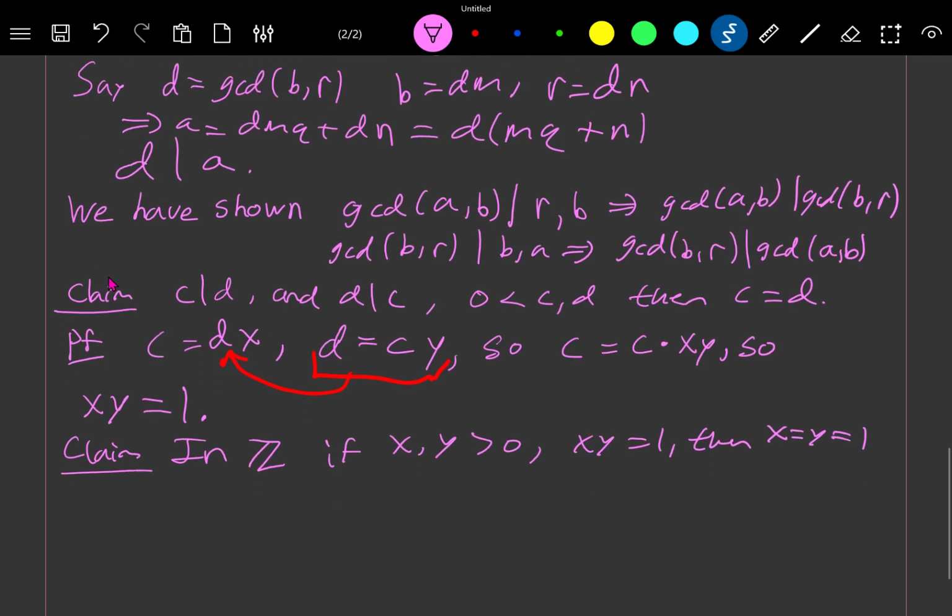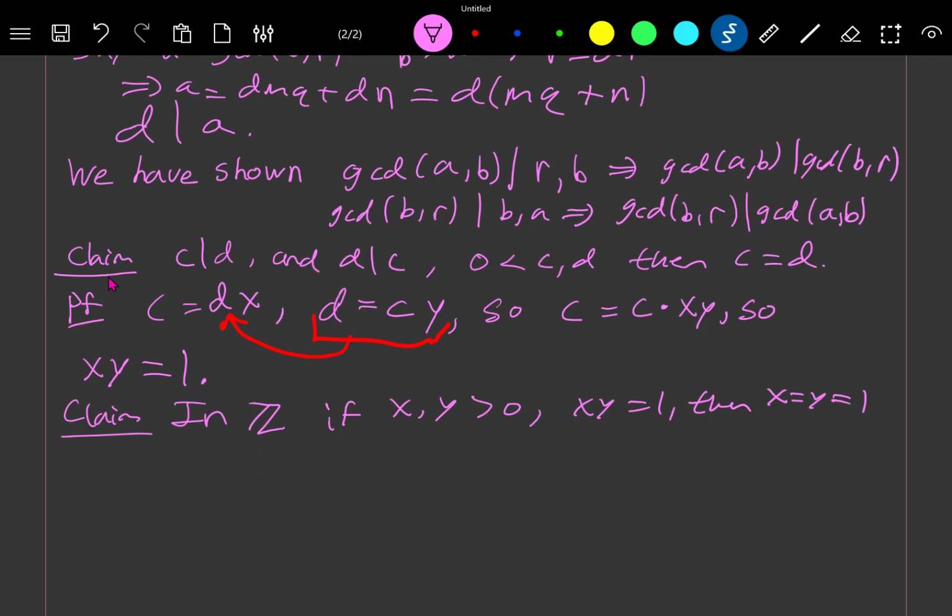Well, the reason behind this is we note that we saw there's no integer between 0 and 1. So that tells us that x and y are both greater than or equal to 1. But if either was greater than 1, then the product has to be larger.